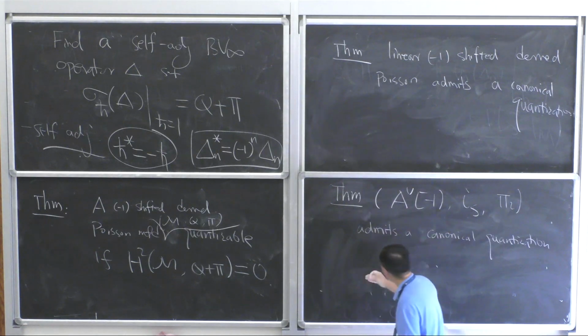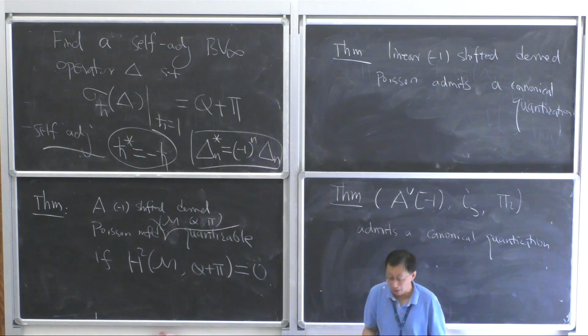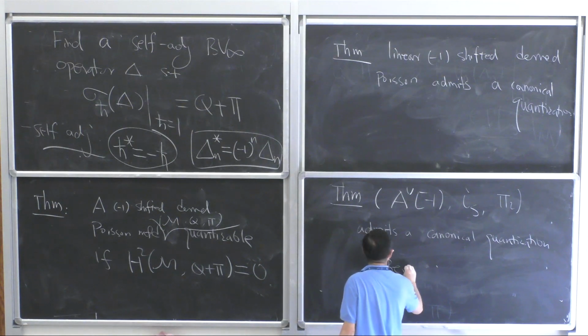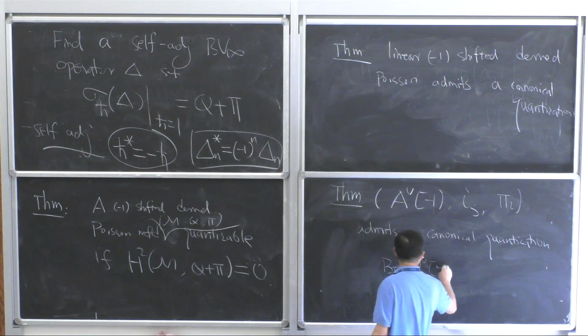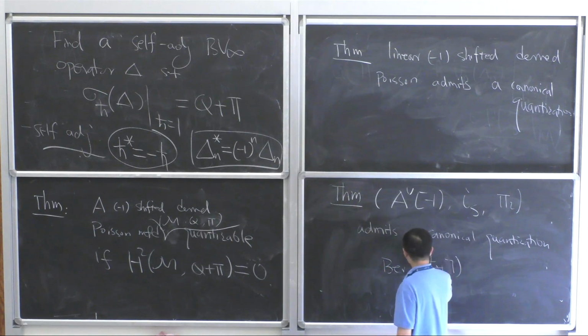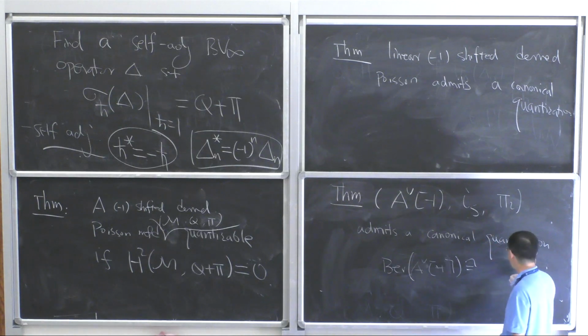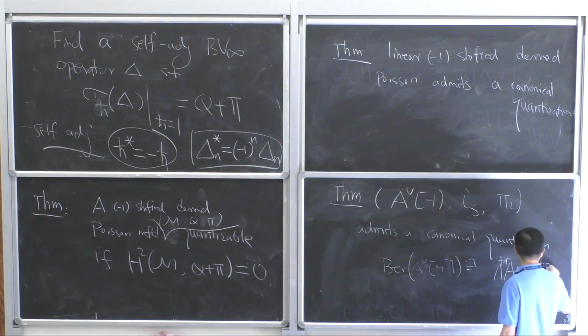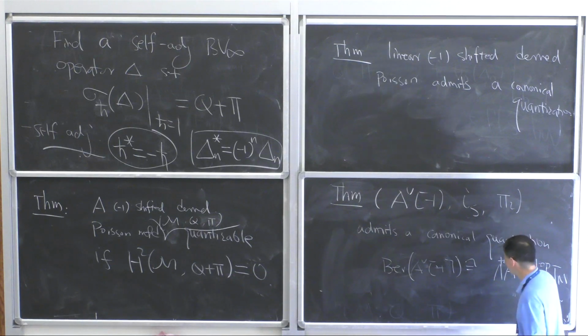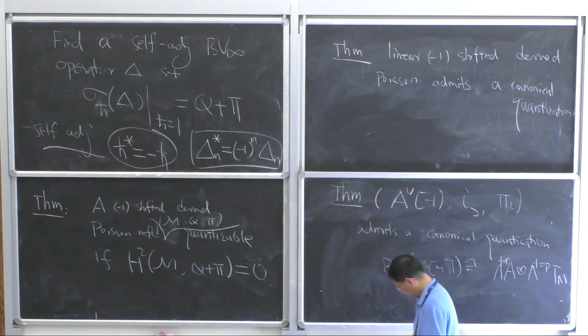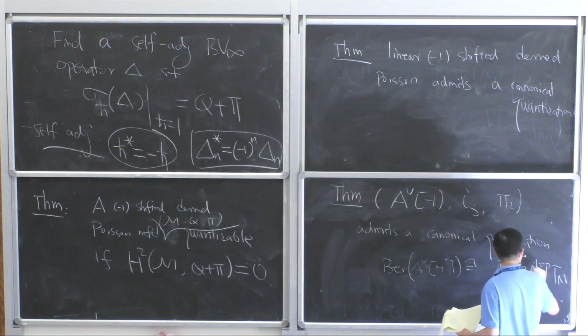Now let me just comment. You can write down explicitly what our quantization is. Let me remind you what is a Berezinian, in this case, A V. And this you can identify as the pullback section of A top degree tensor top degree of T M. I think this will be V.